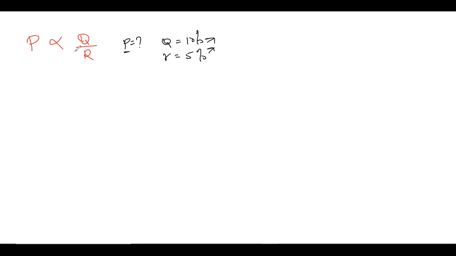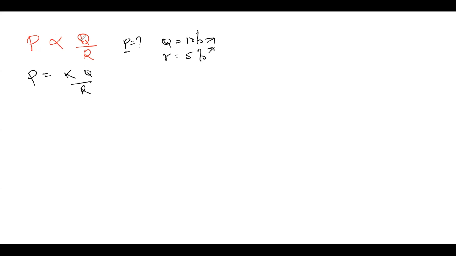So for this question here, we'll start by first of all rewriting this statement to remove the variation sign. So this statement should read as P equals K, Q, then over R. That is the first statement.